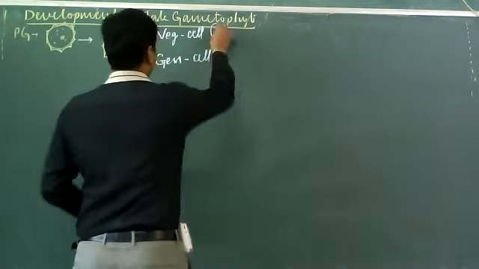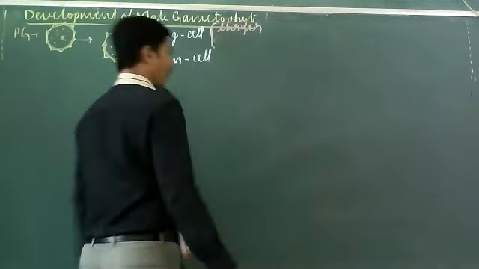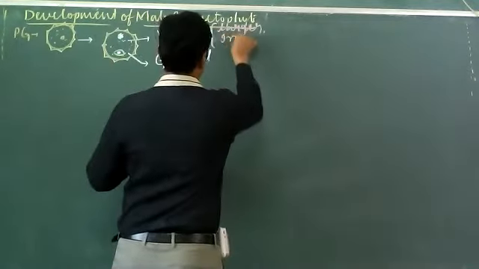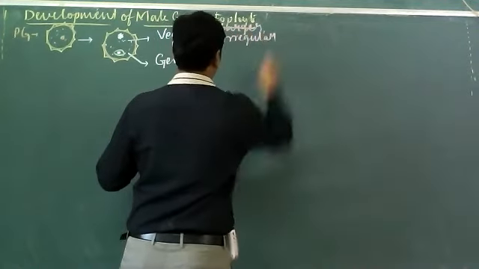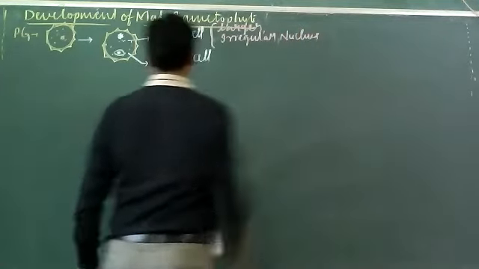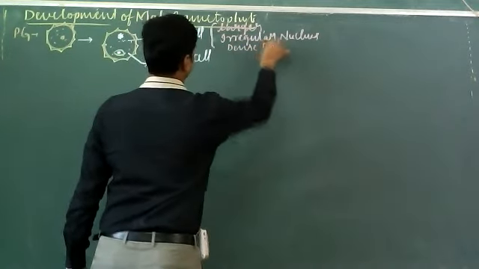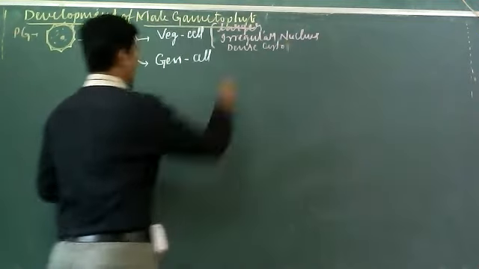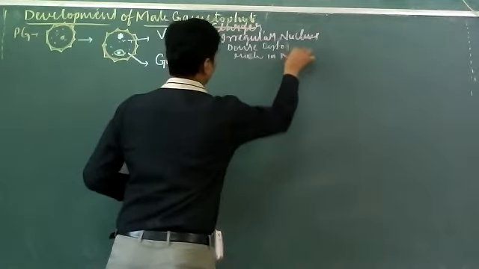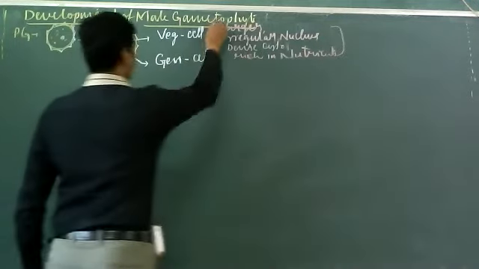It has an irregular-shaped nucleus, dense cytoplasm and is rich in nutrients. So this is all about the vegetative cell.